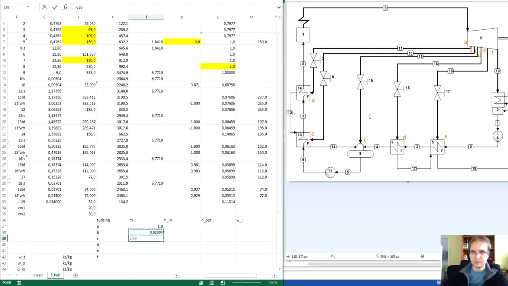In the following part C is the previous one minus alpha B, so minus here point B minus mass flow rate of point 13. D is C minus mass flow rate in 15.